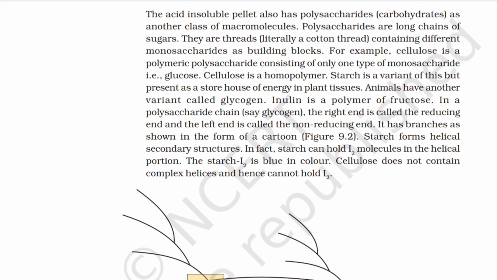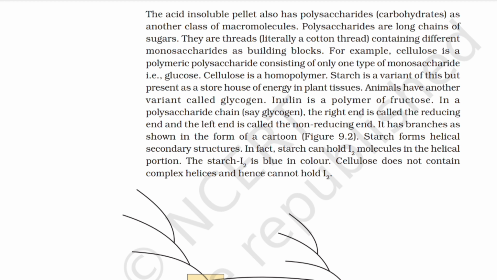For example, cellulose is a polymeric polysaccharide consisting of only one type of monosaccharide, that is glucose. Cellulose is a homopolymer. Starch is a variant of this but present as a storehouse of energy in plant tissues. Animals have another variant called glycogen. Inulin is a polymer of fructose.